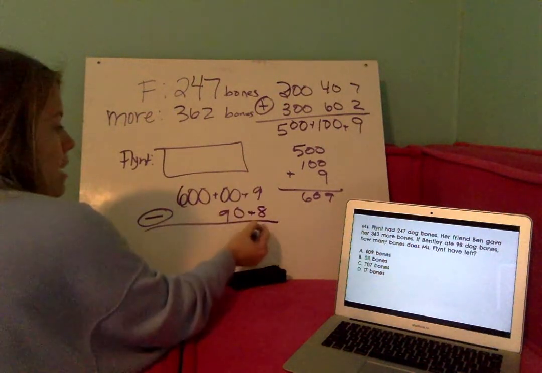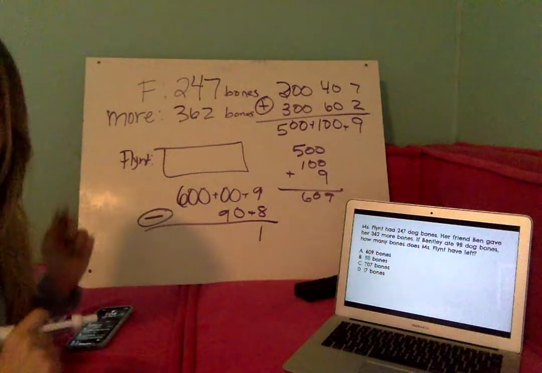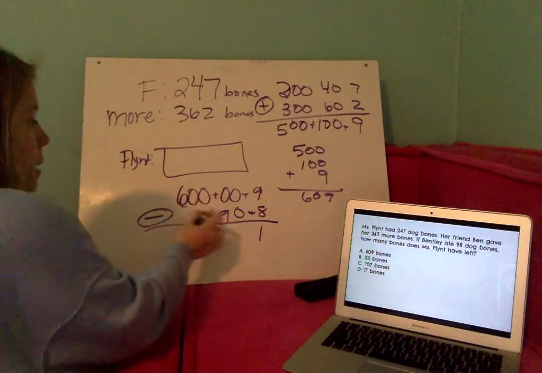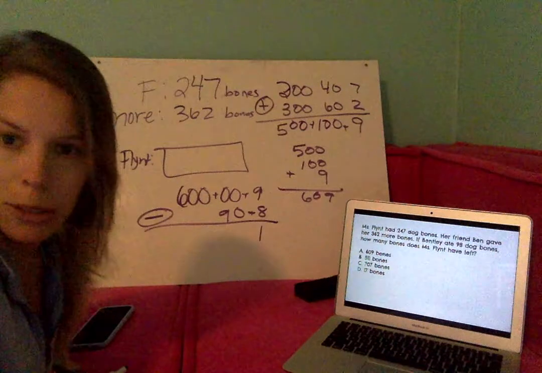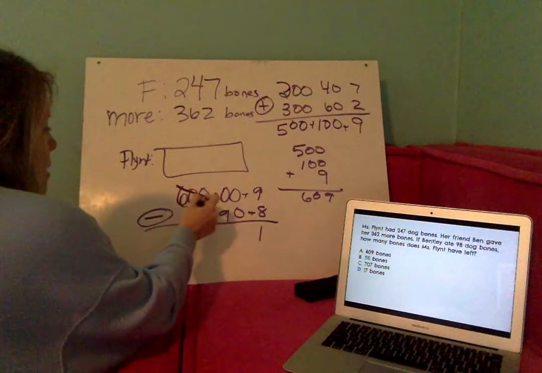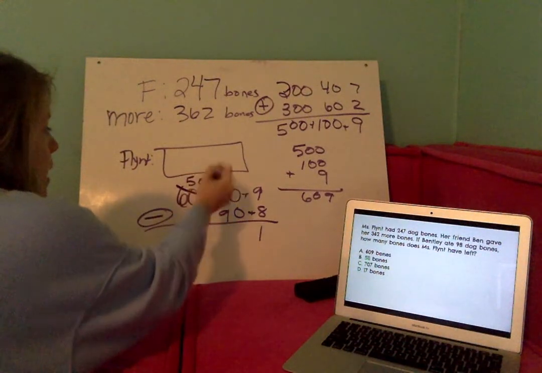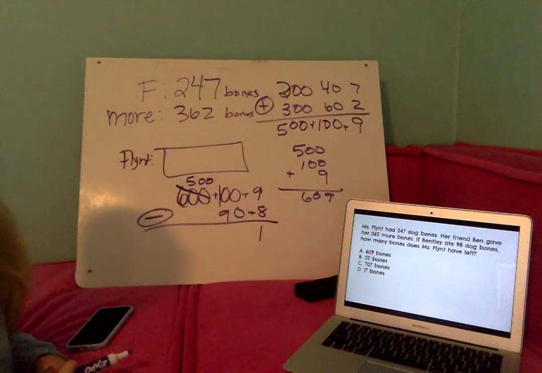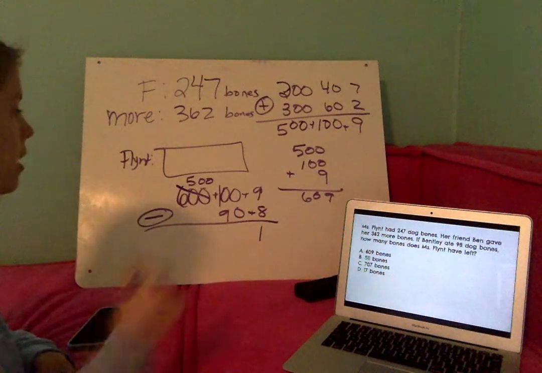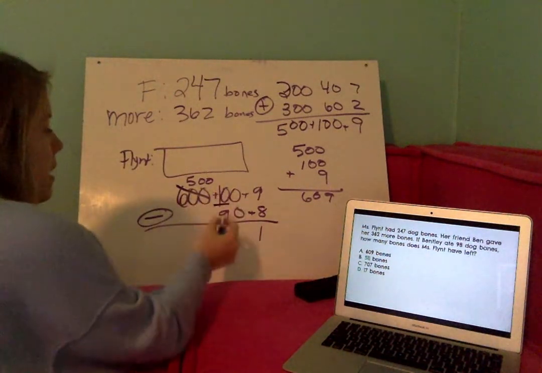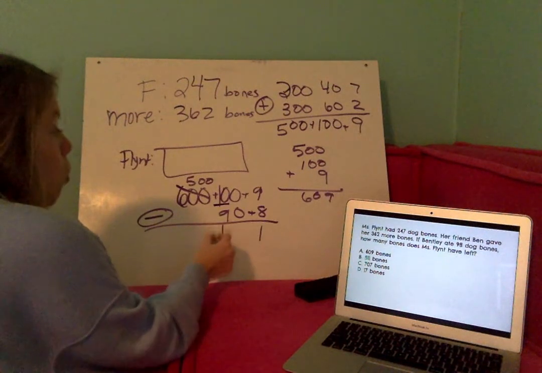9 minus 8 is 1. This is where some of you have problems. 0 minus 9, can you do it? Absolutely not. So you cross out 600, make it 500, and you add the 1 in front because you just took 100 over there. Now we're going to look at 10 minus 9, which is 1.